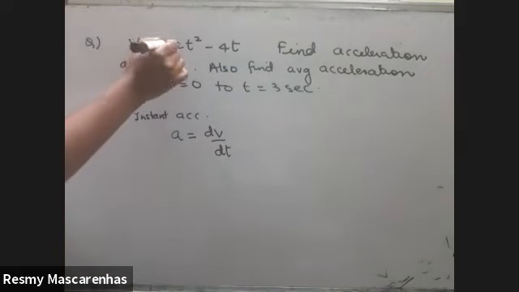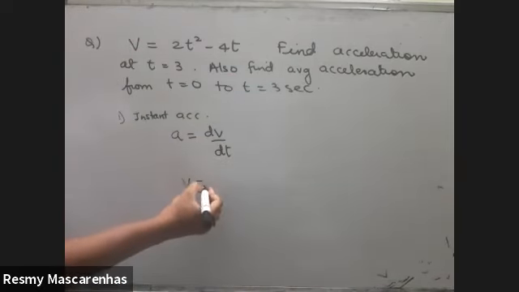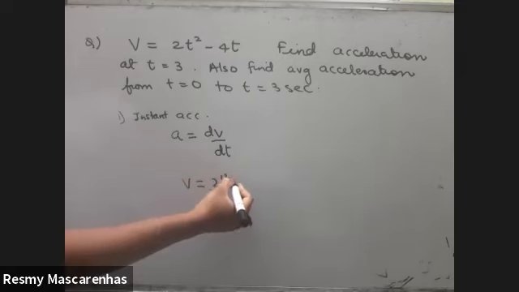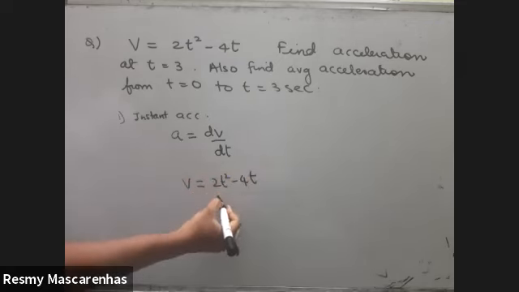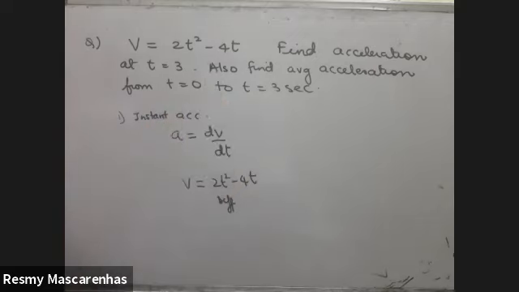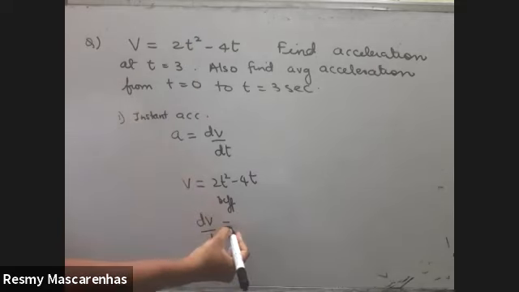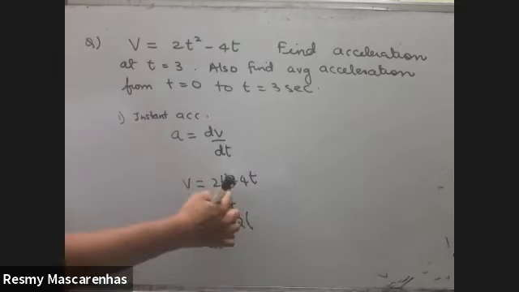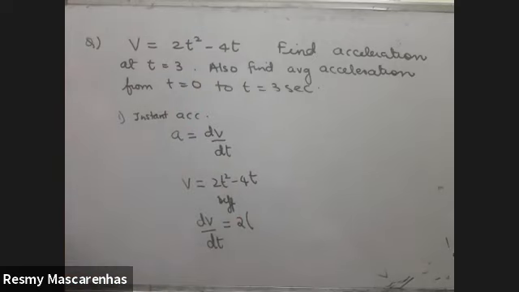So let us find the instant acceleration. Velocity is given to you as 2t square minus 4t. So we will find the derivative of this equation. I told you if the letter S was there, we use ds by dt. But now this is V, so which letter will come? dv upon dt. This is a fixed term for V. Can anyone tell me what the answer is here?